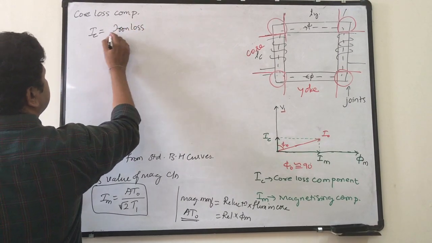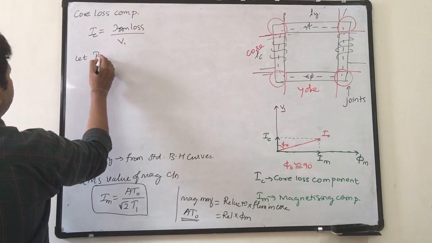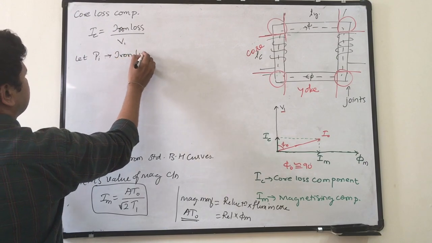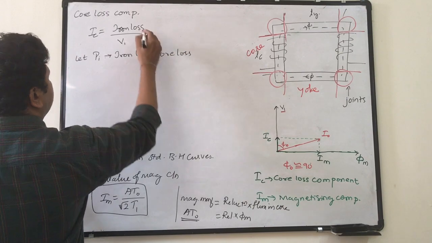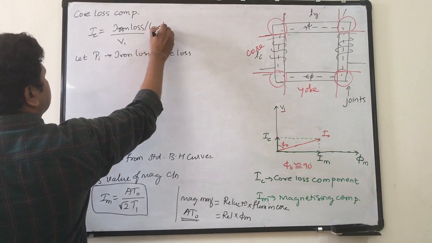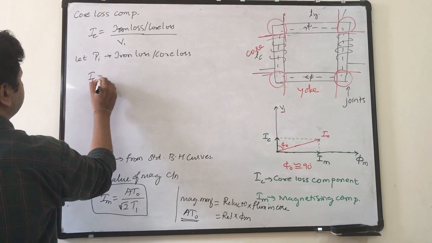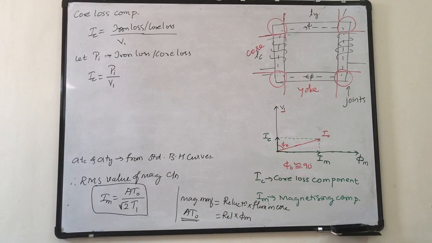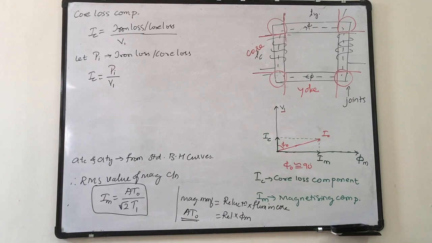Let Pi be the iron loss or core loss, both are the same. Therefore IC is equal to Pi divided by V1. Whatever the no load input power I get, divided by V1, will give us the loss component of the no load current.